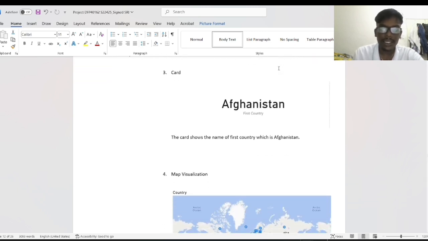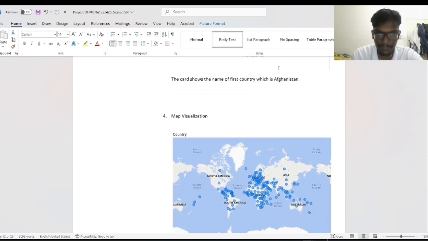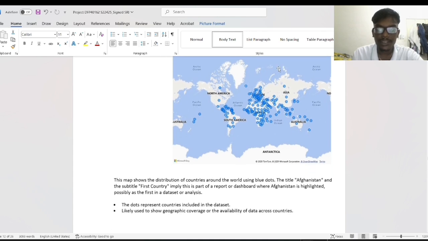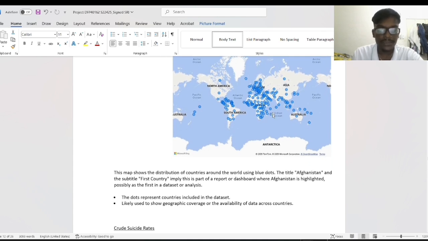The third one is a card, which shows the name of the first country, which is Afghanistan. And for the map visualization, this map shows the distribution of countries around the world using blue dots.